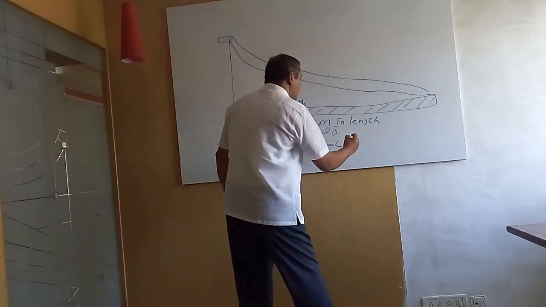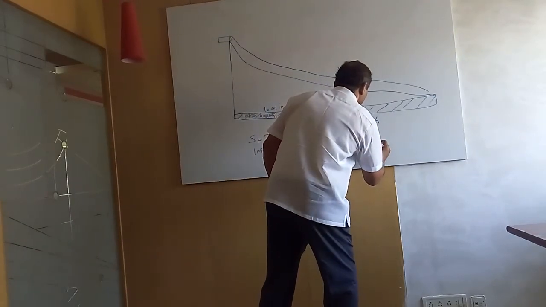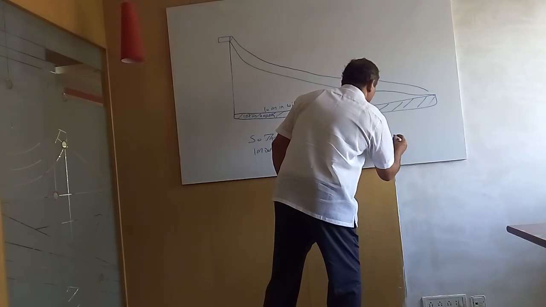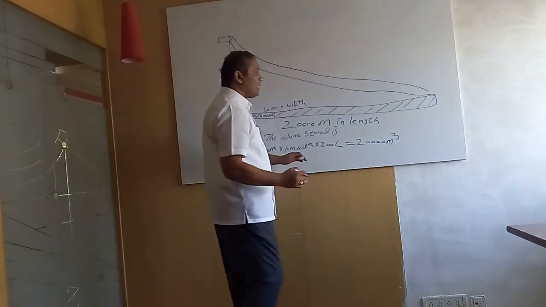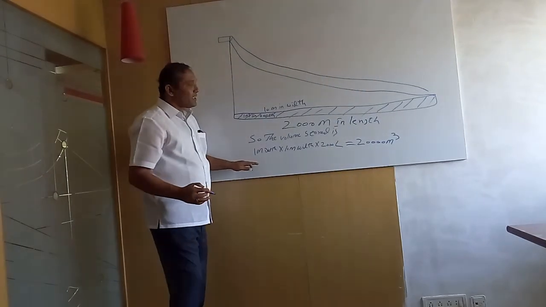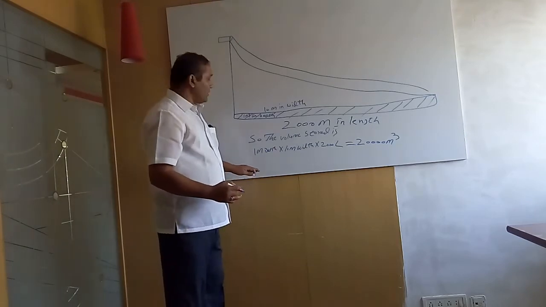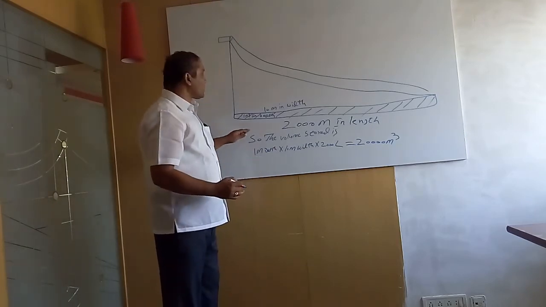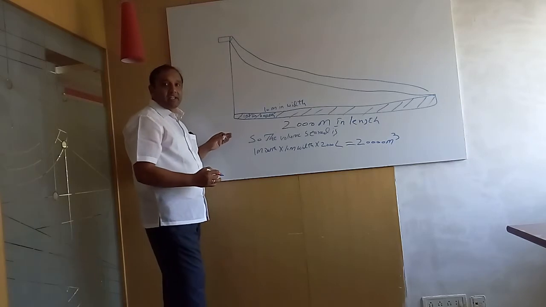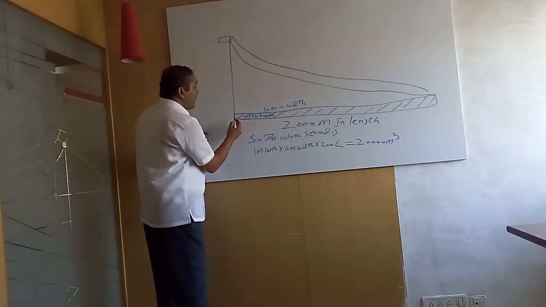That is 20,000 meter cube, the volume we are having in the bottom side, where this particular water is constantly available throughout the year, 365 days, to the pump house.